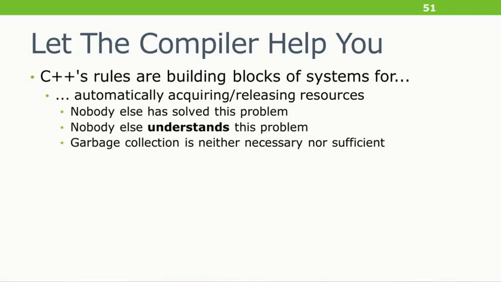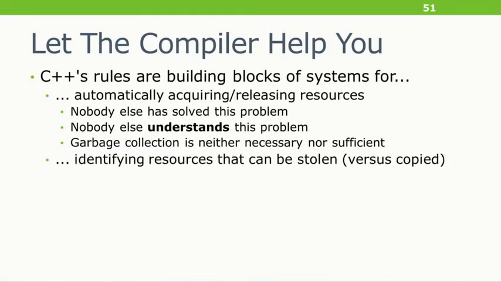No other languages that I have seen have actually solved this problem. You go to people, you explain it to them, you give them the solution. You're like, Stroustrup solved this. They're like, no, you need a garbage collector. They are neither necessary nor sufficient because they don't handle non-memory resources. Yeah, end of rant.